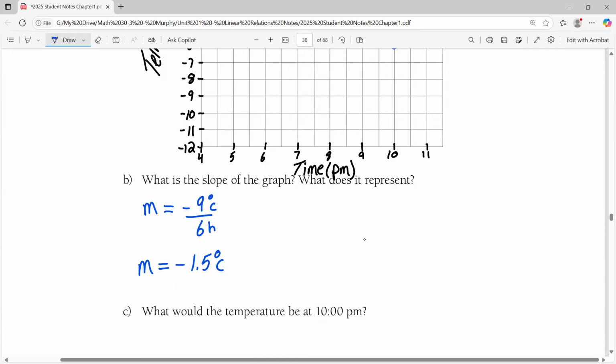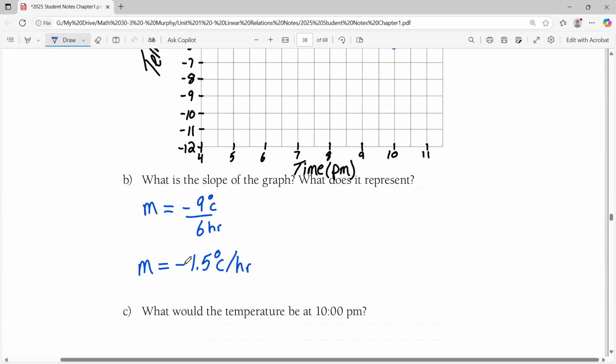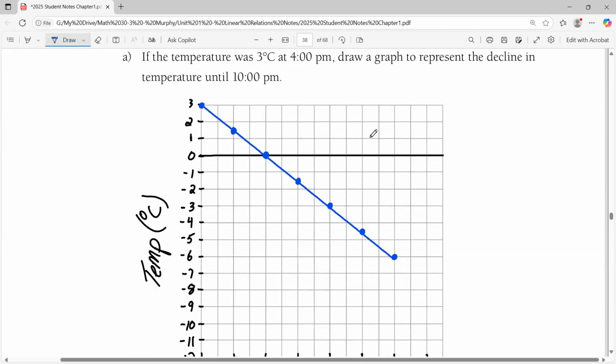Now, in other videos, I also showed you that you could just do the rise over run, and then because it's a downward slope, you just add on the negative at the end. So if this part confused you here, you can just add it there. So remember, any graph that goes up from left to right is positive slope.